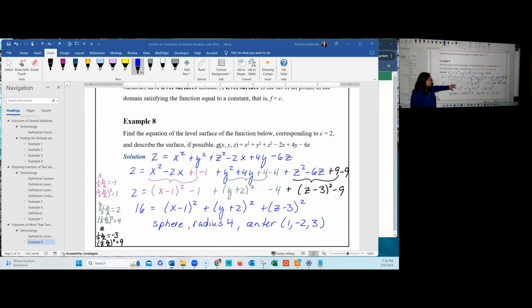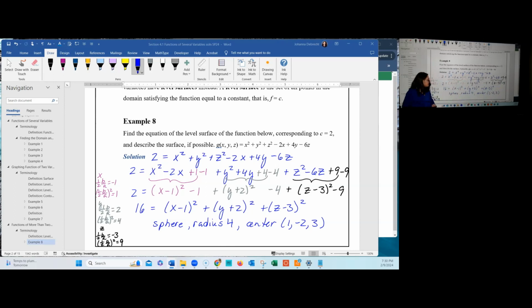So we end up with x minus 1 quantity squared with an extra minus 1 to compensate for adding 1. And for the y's, we end up with the quantity y plus 2 squared with an extra minus 4 to compensate for adding 4. For the z's, we end up with a plus quantity z minus 3 squared with an extra minus 9 to compensate for adding 9.